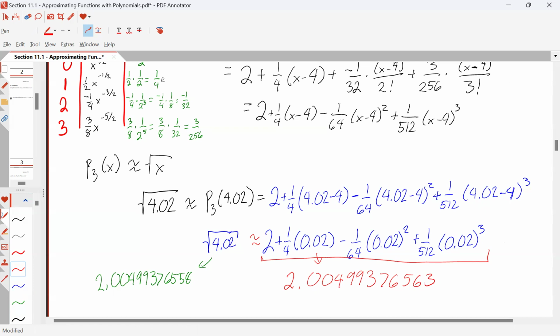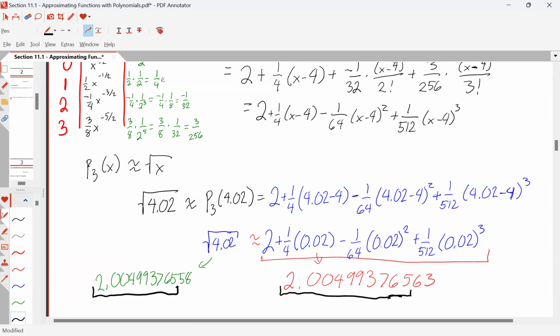And the square root of 4.02 is 2.00499376558. However, they are the same for 9 decimal places. 1, 2, 3, 4, 5, 6... Yes, for 9 decimal places.